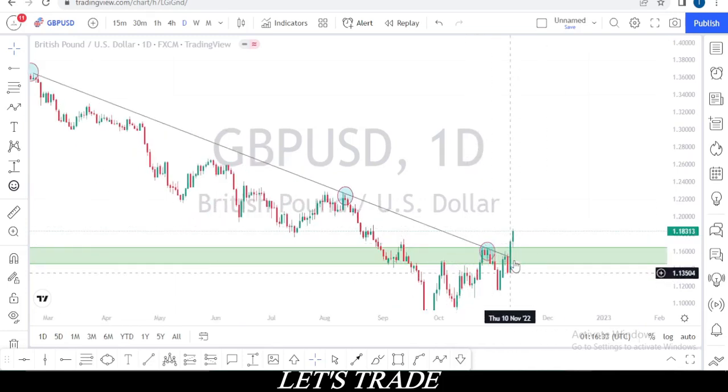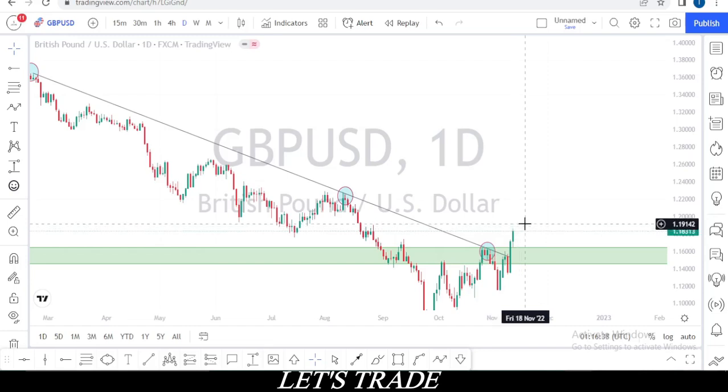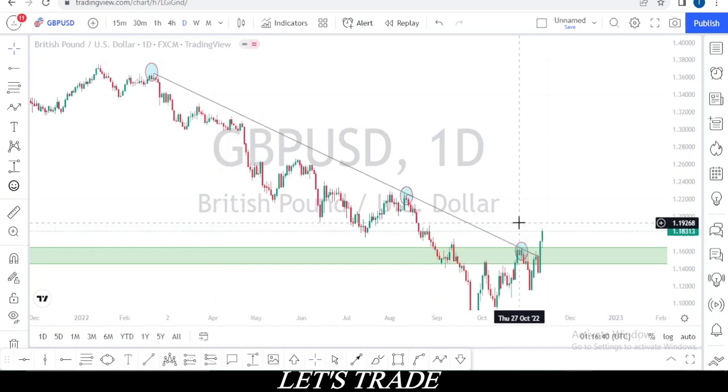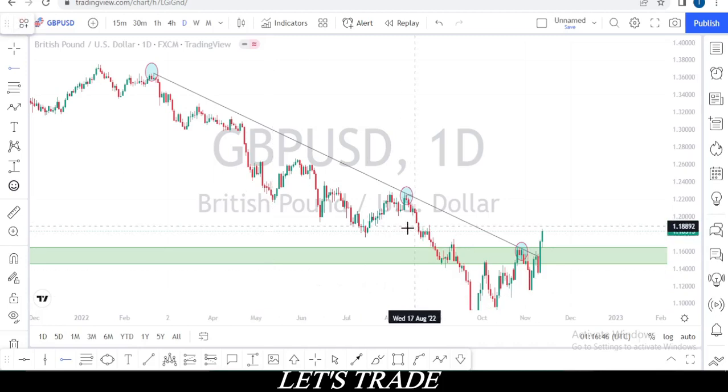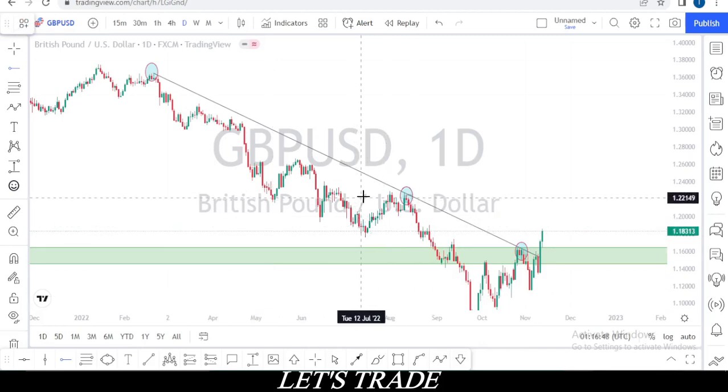Now we've broken above it with two daily candlestick closes above that level. All right, so I'll expect price to do what? Keep pushing higher. First level targets around here.